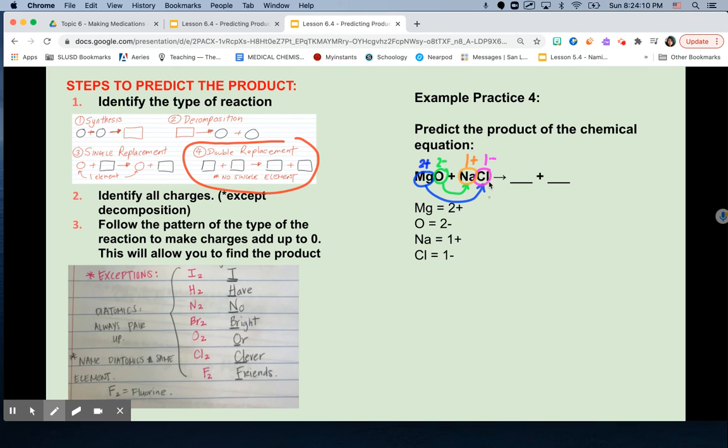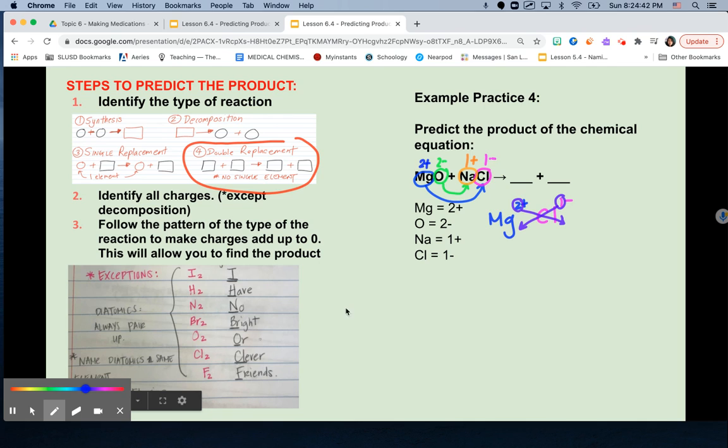All right, so Mg is going to get with Cl. Let's make sure our charges add up to 0. So Mg, 2 plus, Cl is 1 minus, so let's crisscross.